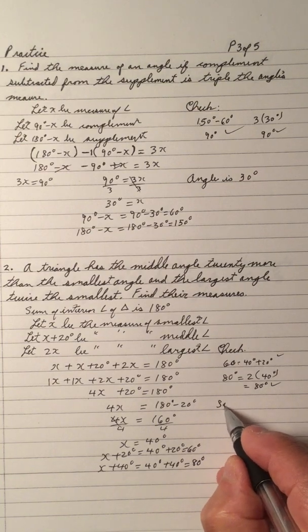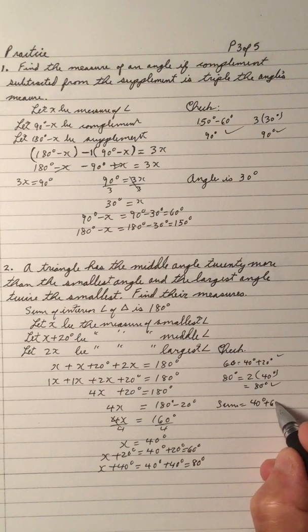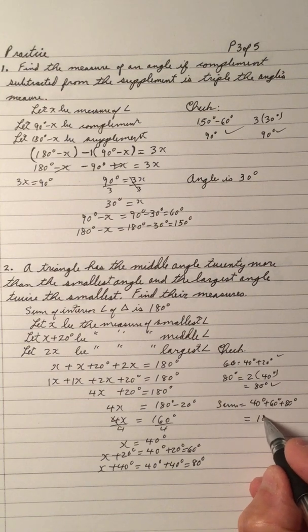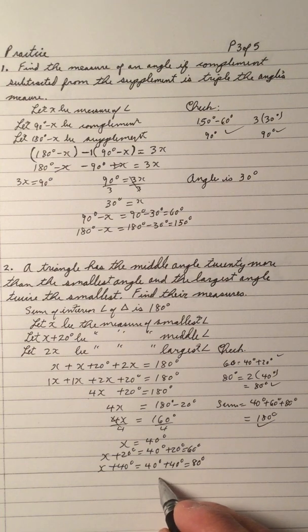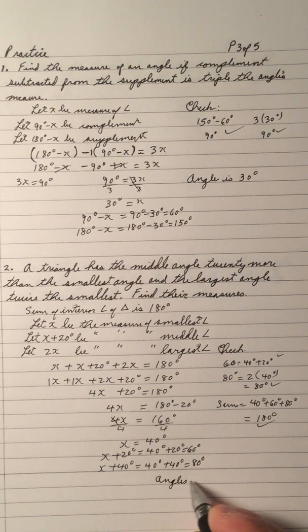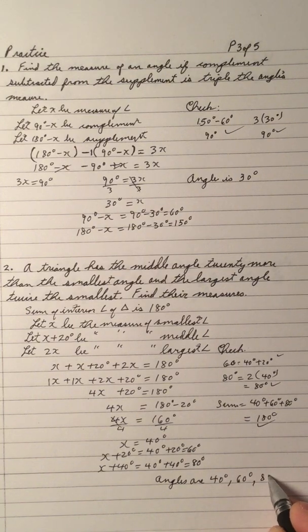And the sum of the angles is 40, add on 60, add on 80. 100 plus 80 is 180 degrees. So that's correct. So the angles of the triangle are 40 degrees, 60 degrees, and 80 degrees.